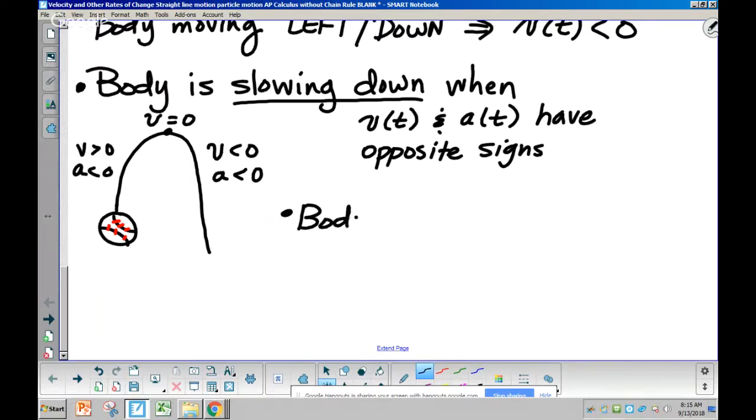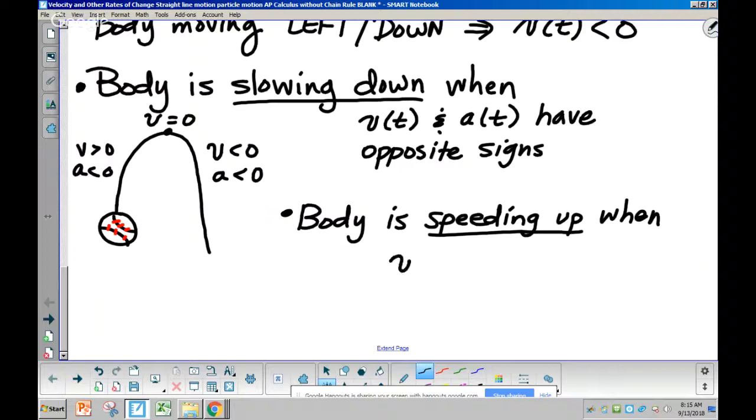A body is speeding up when v of t and a of t have the same signs.